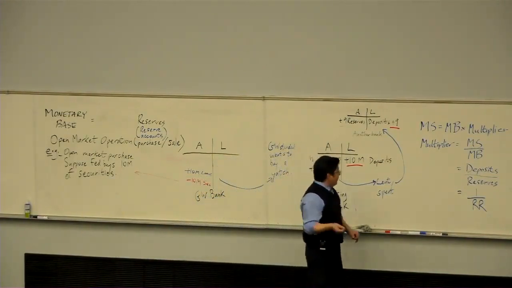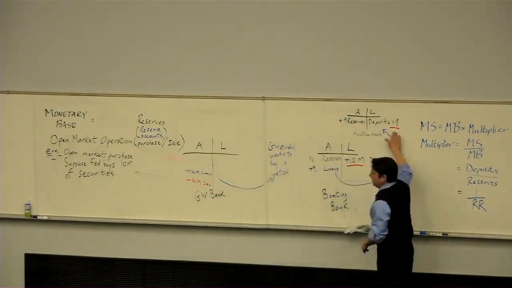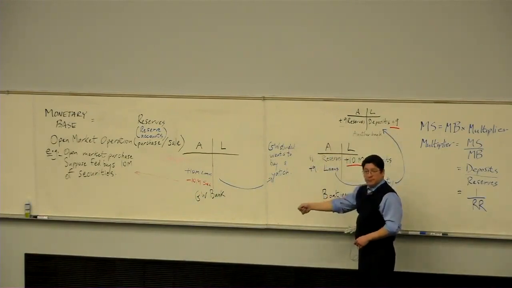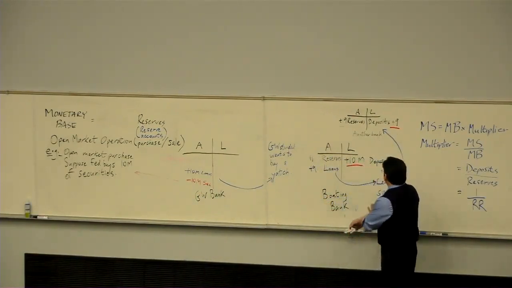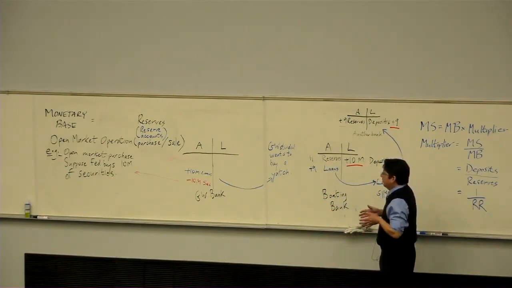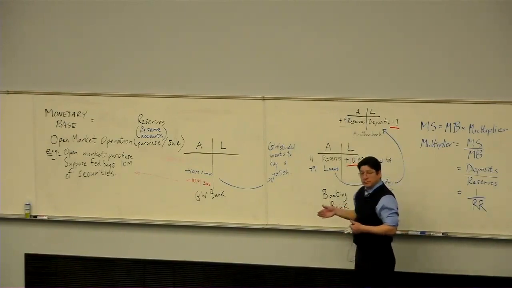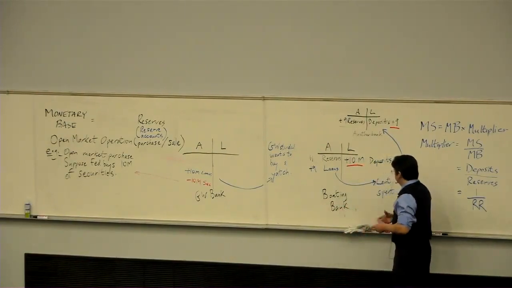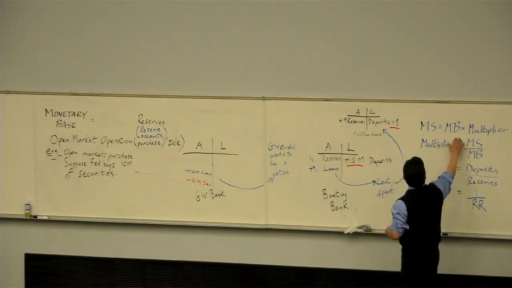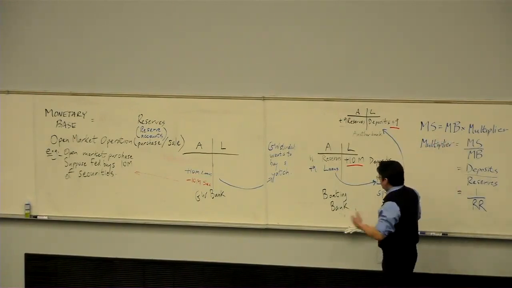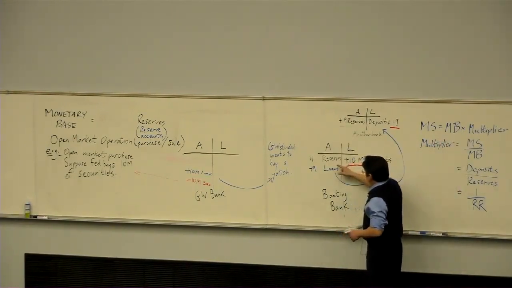Each crank of the wheel, the amount of new deposits generated gets smaller, and so that suggests that this process of transforming new monetary base into new money supply is gradual. But it does explain why this multiplier is there.